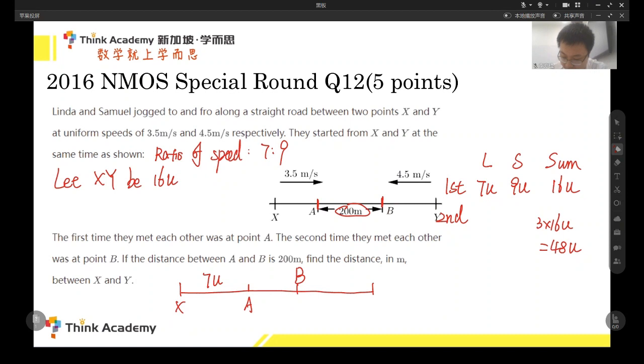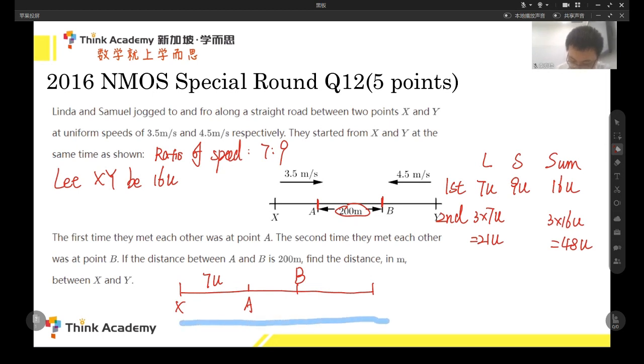By then, the distance Linda has traveled should be 3 times 7u, which is 21u. So Linda has traveled 21u to meet Samuel for the second time at point B. We know that the total distance is 16u, so she should travel another 5u to reach point B. Which means the position of point B is 5u away from point Y.